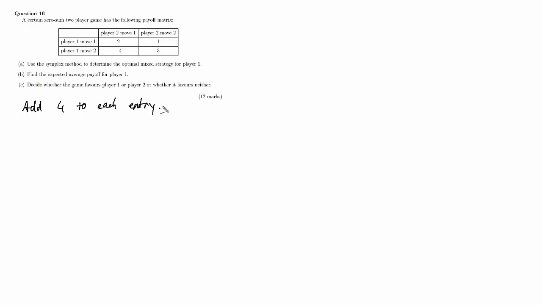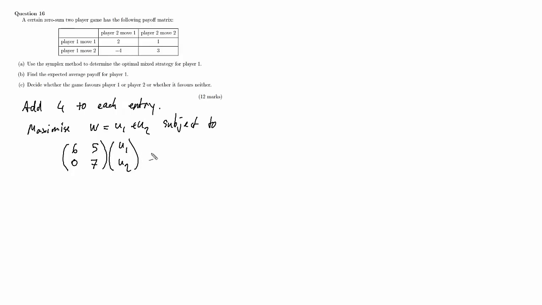This means now that we're maximizing W equal to U1 plus U2 subject to 2 plus 4 is 6, 1 plus 4 is 5, -4 plus 4 is 0, and 3 plus 4 is 7, times U1, U2 less than or equal to 1, 1.